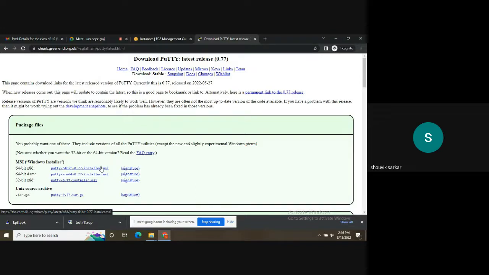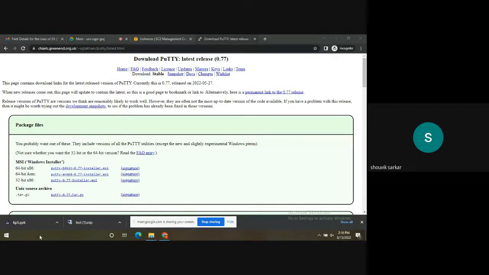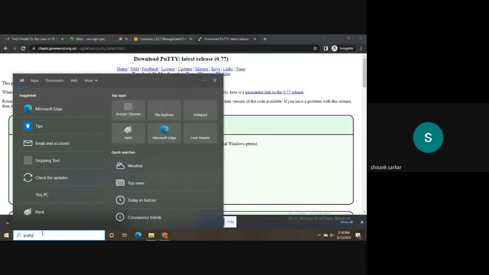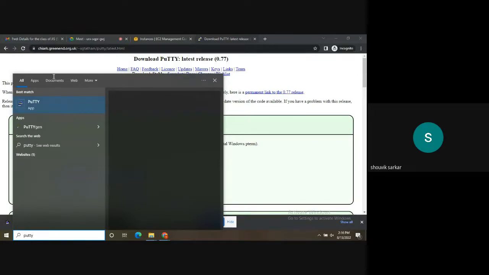Yes, now you are writing that it's done. So after downloading and installing it, you get three options in your computer. Open this PuTTY software.